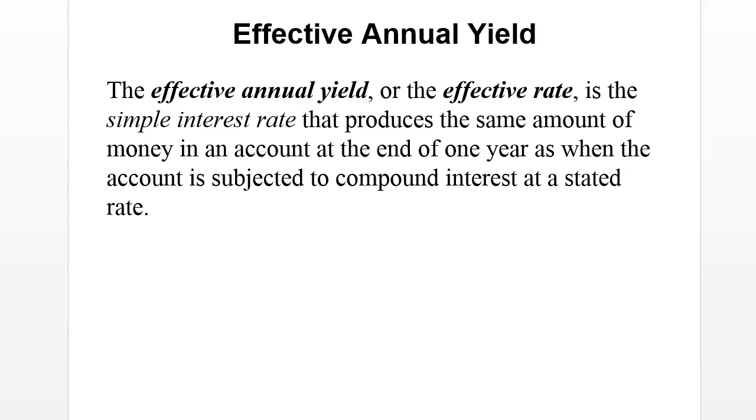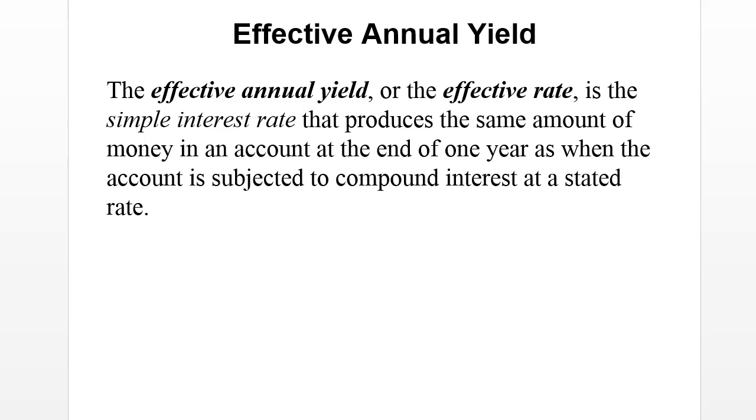What yield does is it simplifies it, gives you a simple interest rate, comparing it to what you originally borrowed, or what you originally deposited if it is savings, that would produce the exact same amount of money at the end of a year as compared to the compound rate.